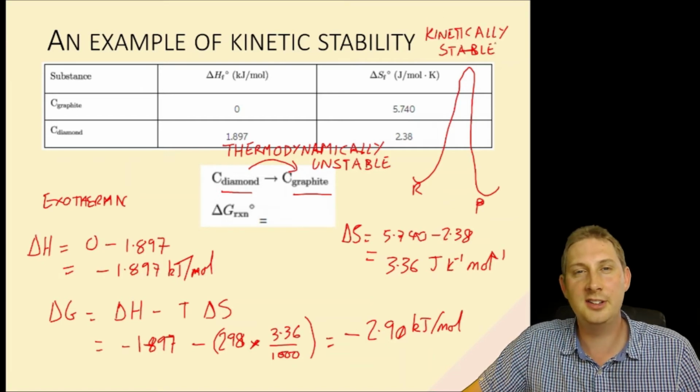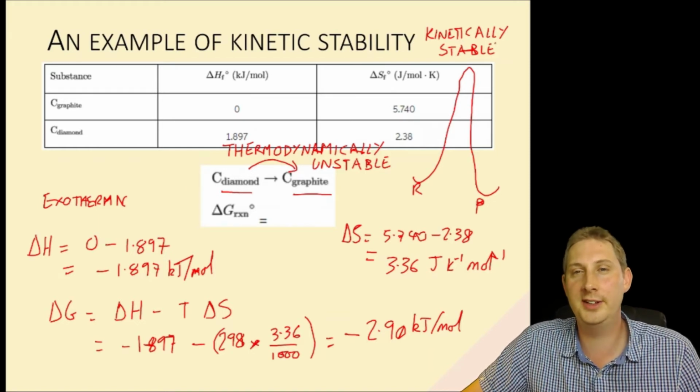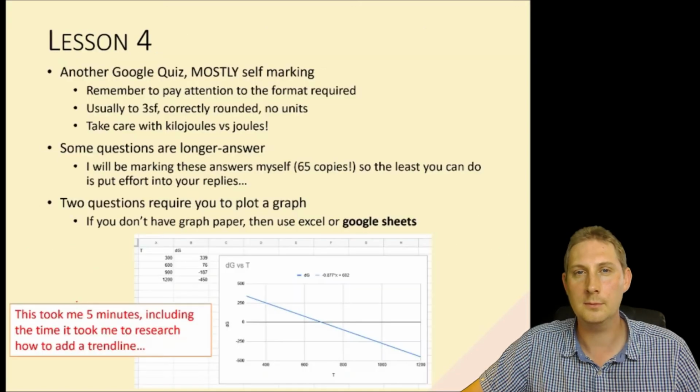So all those diamonds that you're wearing, earrings, nose rings, wherever else you might have them, they are slowly converting back into graphite, but it's very slow. It is spontaneous, but there's a huge free energy barrier to do that.